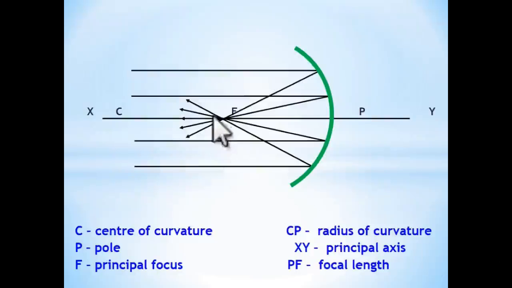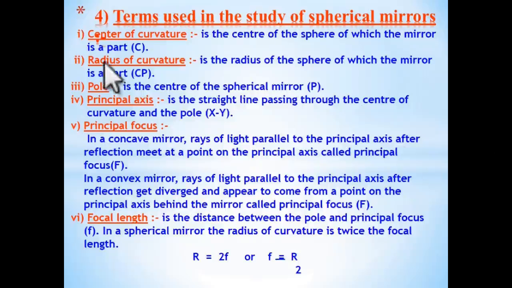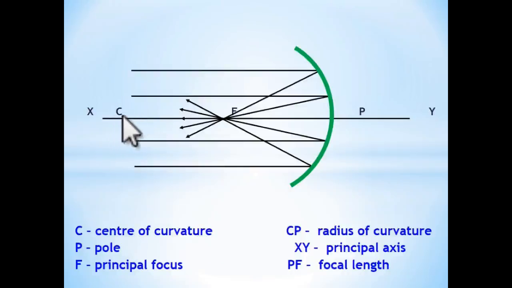So you can see here, this is the center of curvature, and if you consider this as the concave mirror, then the center of this will be somewhere here. So this is called center of curvature. Next, radius of curvature. It is nothing but the radius of the sphere of which the mirror is a part.